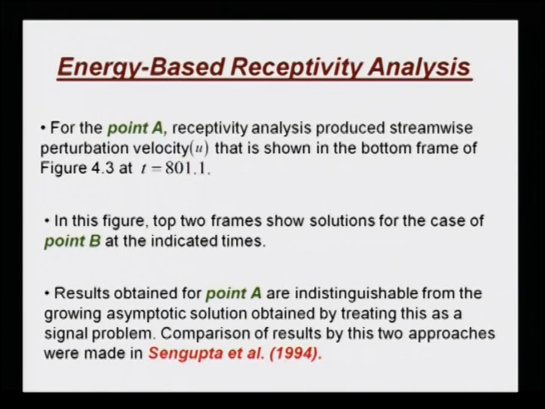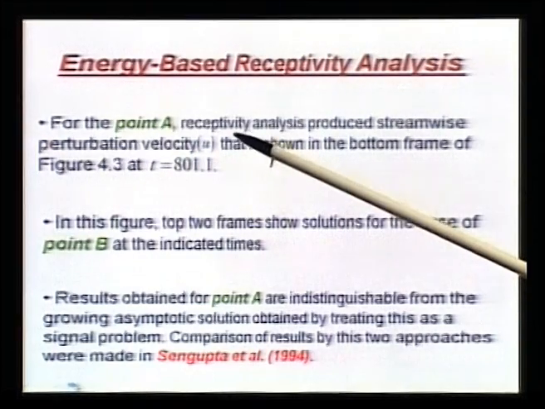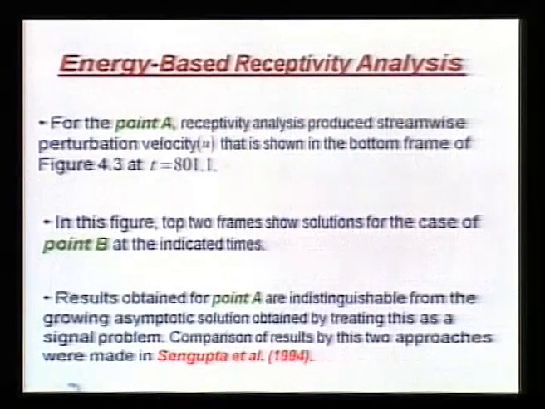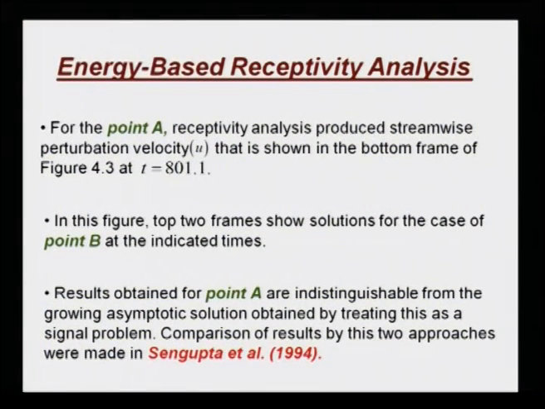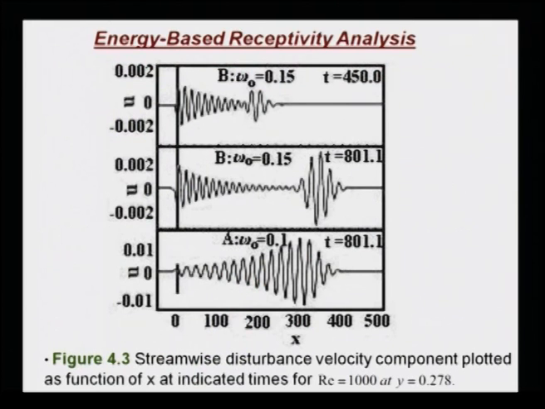Now we have seen that at point A we do get the solution to be unstable, and that is what is shown in the next slide. Let us take a look at the bottom frame.